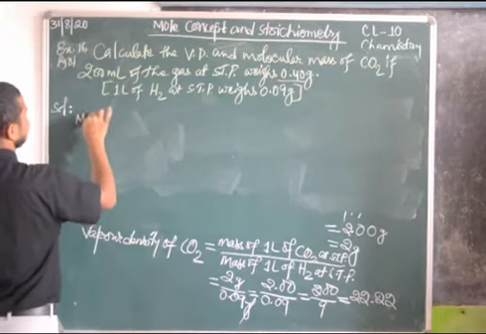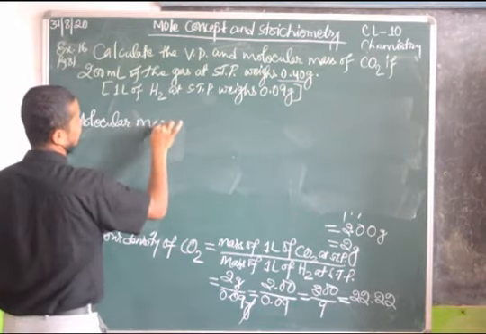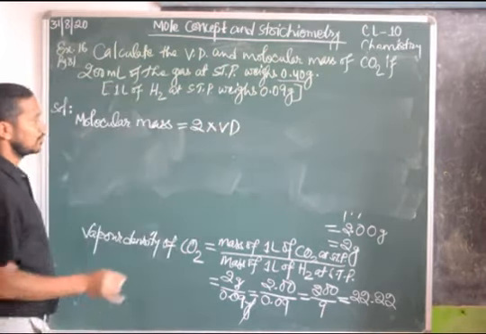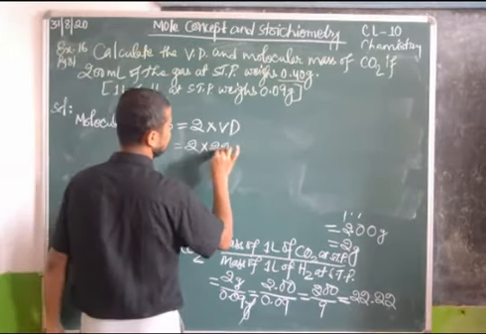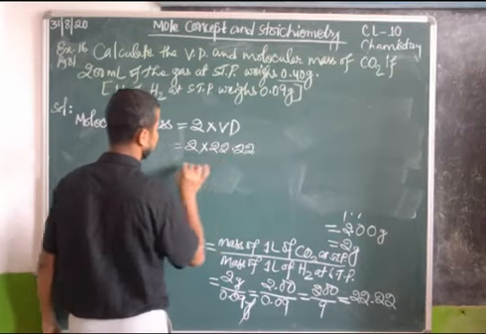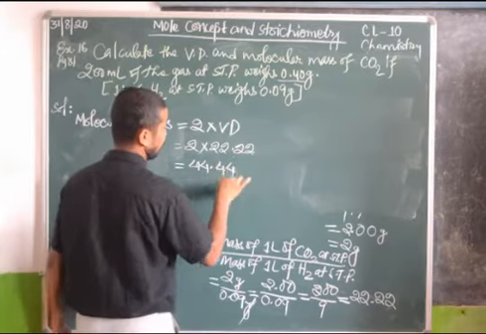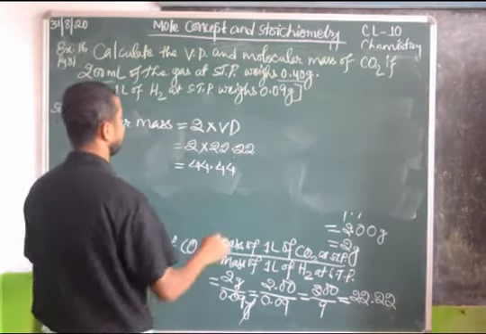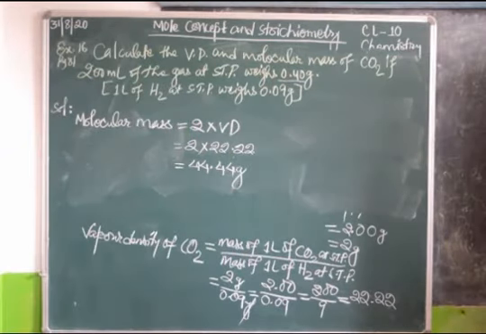So 2 into 22.22 means you are getting 44.44 gram.